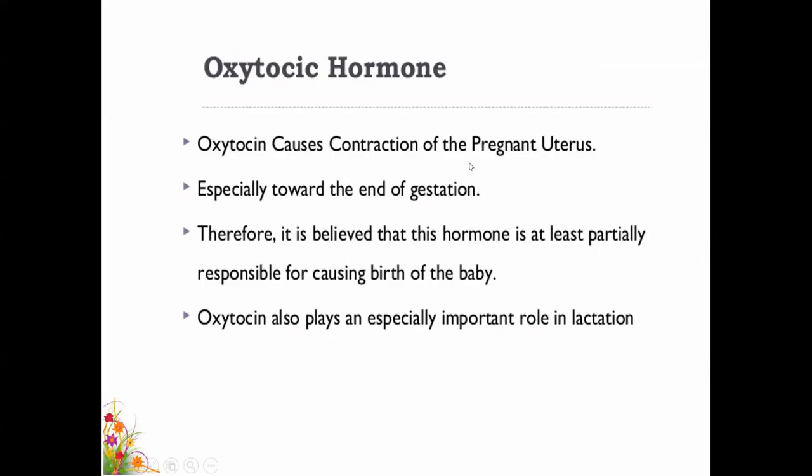Oxytocin also plays an important role in lactation, helping in the contraction of the mammary gland to release the milk. So the main function is contraction. It is contracting the uterus to release the baby, and it also contracts the mammary gland to remove the milk from the alveoli.